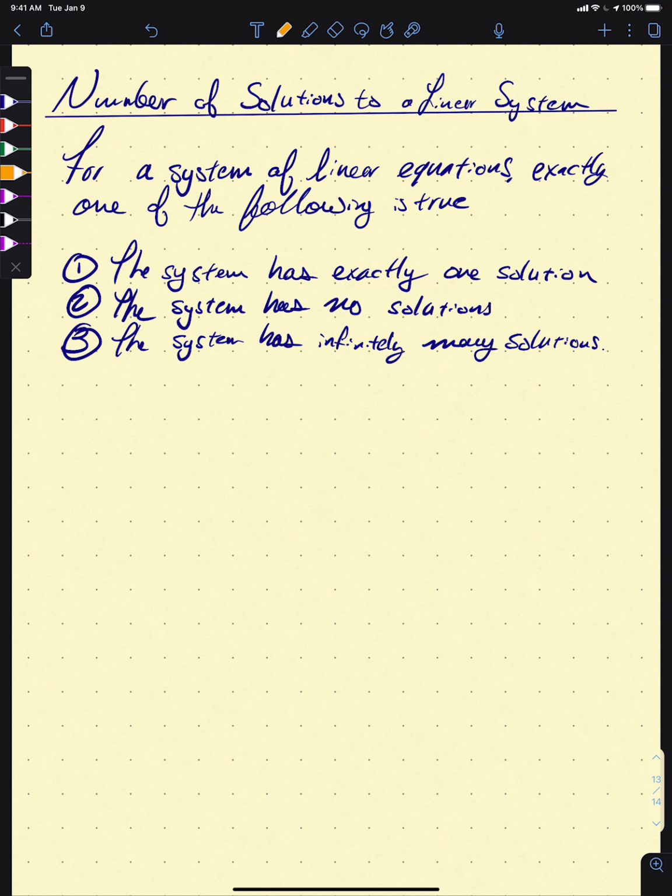But let's take a look at this. Okay, so here's what I want you to realize. An equation with 3 variables is the equation for a plane. Okay, a plane in 3-dimensional space.